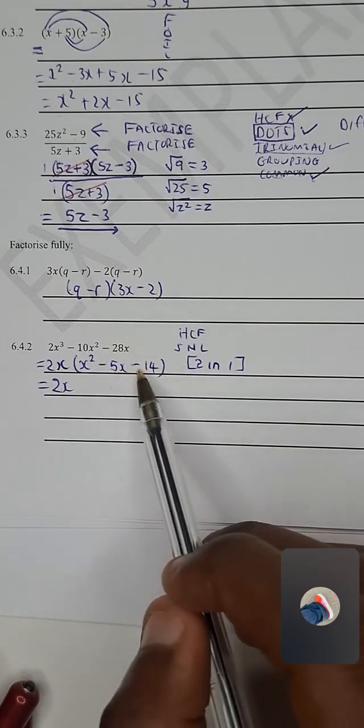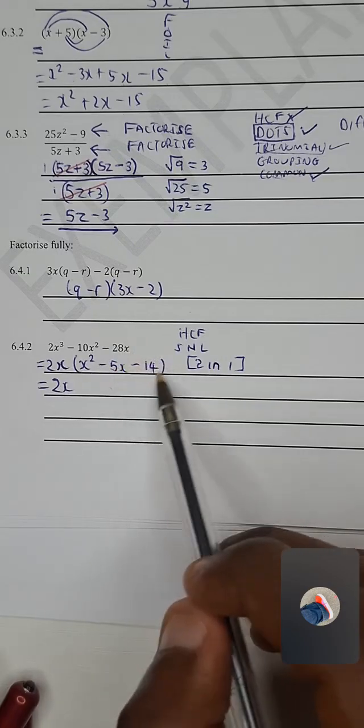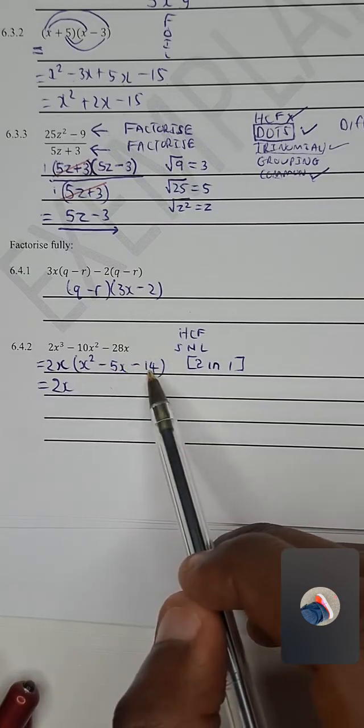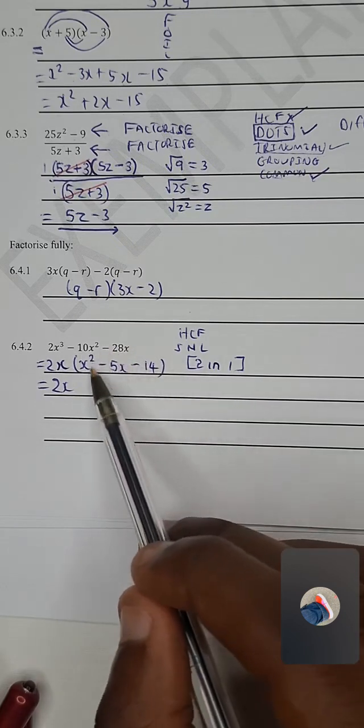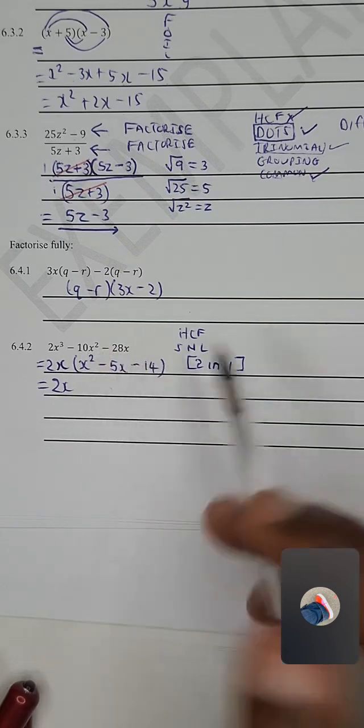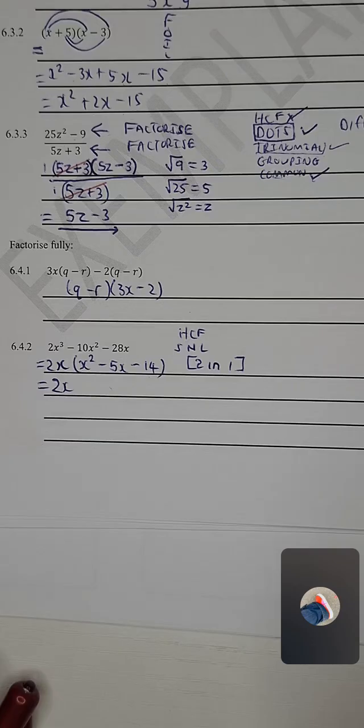All you are doing is looking for factors of 14 which, when you multiply, give you negative 14, but when you add, you must get negative 5. So you must think of two numbers, and the signs of those numbers must be 100% on point.